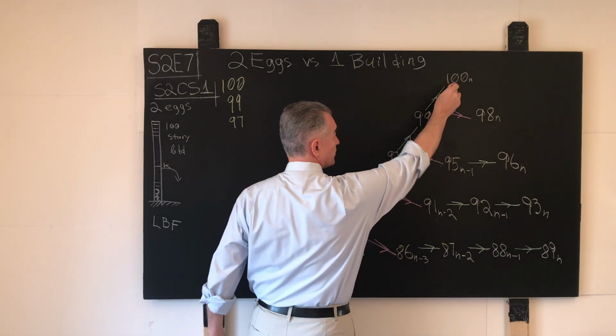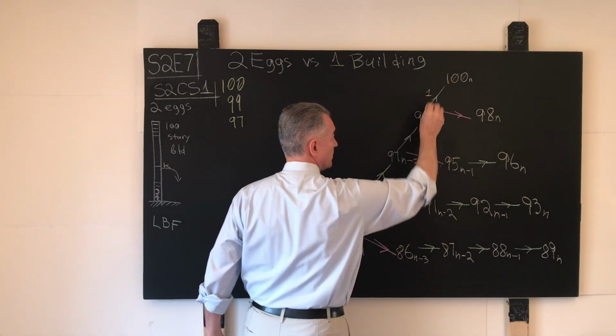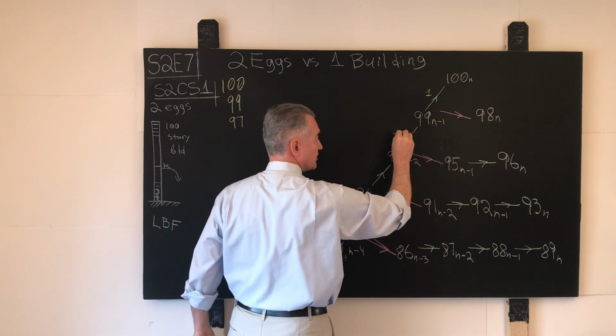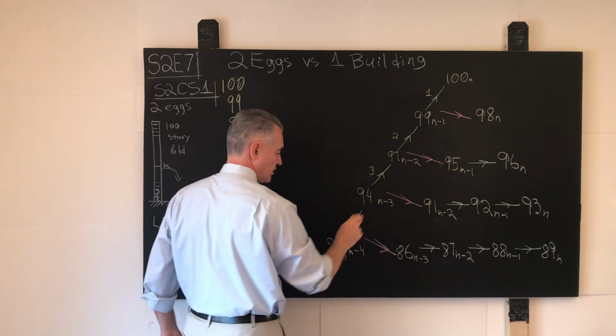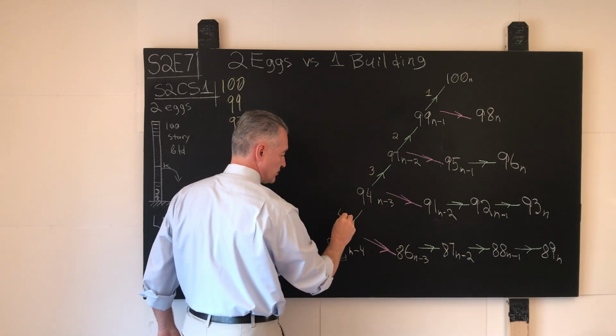The distance from 100 to 99 is 1. From 99 to 97 is 2. From 97 to 94 is 3. From 94 to 90 is 4.